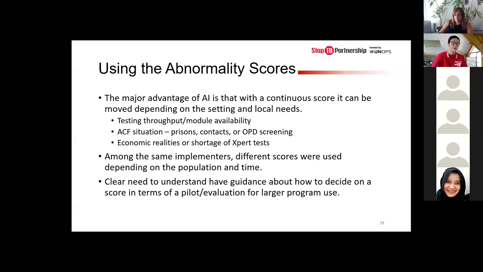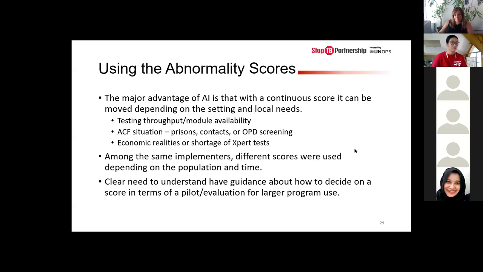And we'll show you can set it at very high sensitivity so you don't really miss people. But in reality, in terms of feedback from implementers, the 95% or 90% or whatever it is, thresholds or those scores related to those thresholds were not as important. What was more important was the economic realities. How many Xpert tests do you have?